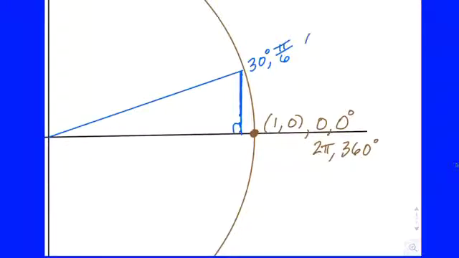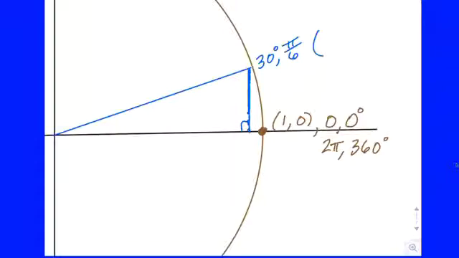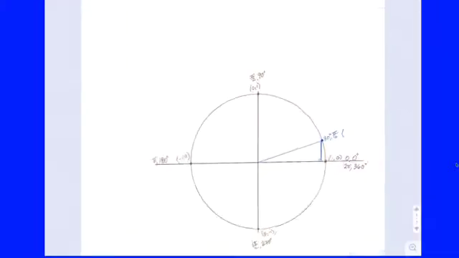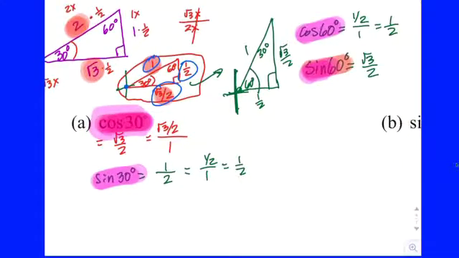Now, what's the ordered pair there? Well, if the radius is 1, that's the hypotenuse. Remember, to get to this point on the edge of the circle from the center, I have to go right, square root of 3 halves, and up 1/2.